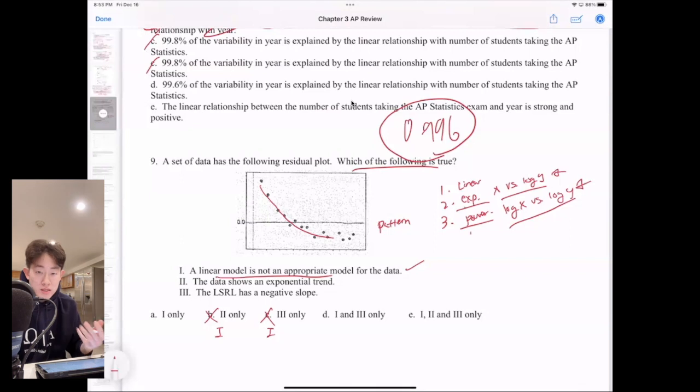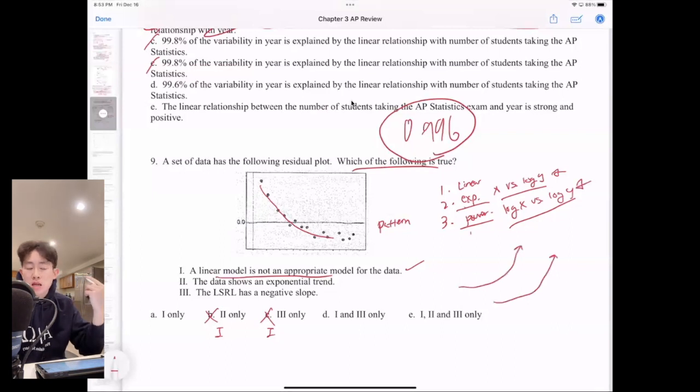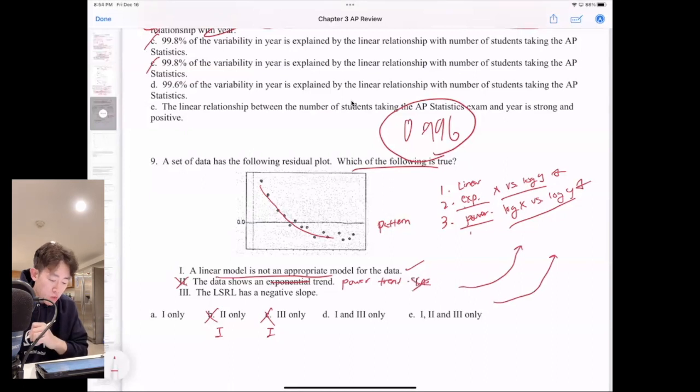They do look very similar. They do happen to have these little curved patterns. Obviously, the scale will be a lot different, but they both tend to have the same pattern. The only way that I can explain why 2 is not going to be true is because you don't know if it's going to be exponential or a power trend. Believe it or not, the linear plot cannot work because of the pattern.